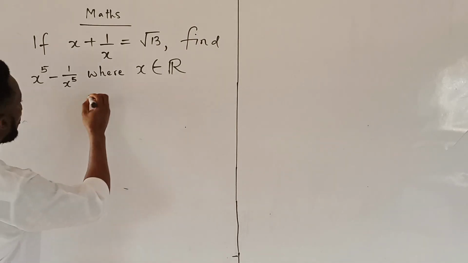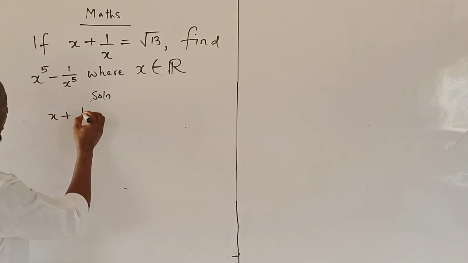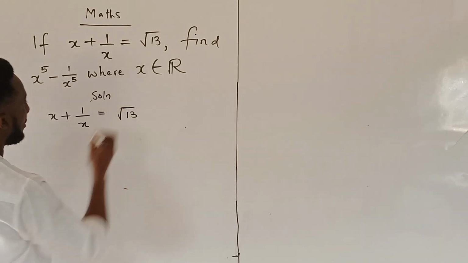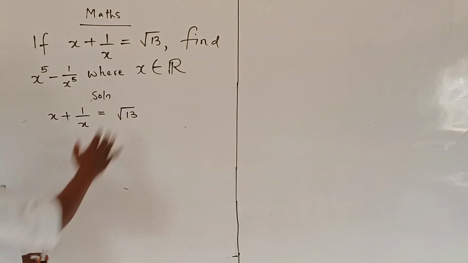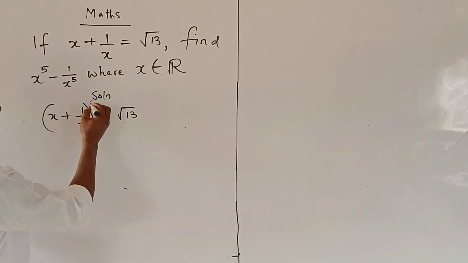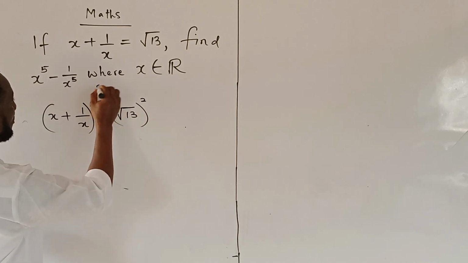Now, the first thing I shall do is take the if statement. We have s plus 1 upon s equal to the square root of 13. Now, we have a radical on the right. So if I square both sides, this is what I'm going to have.